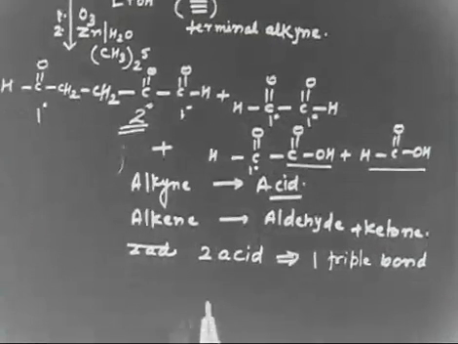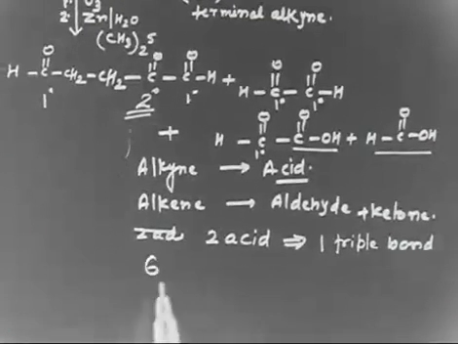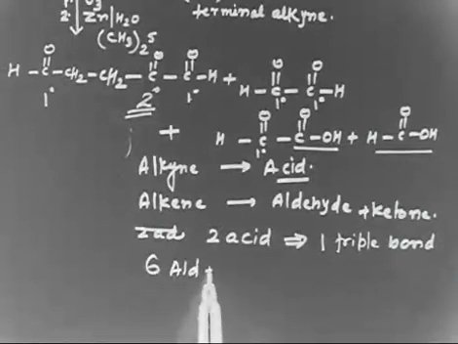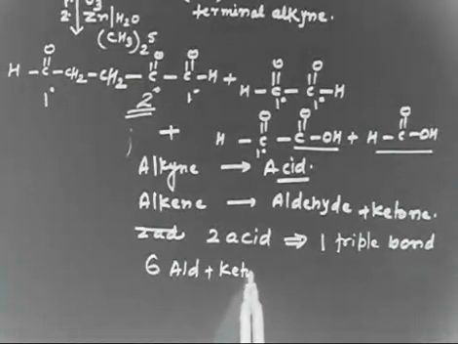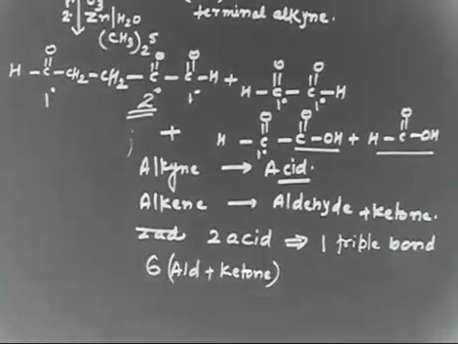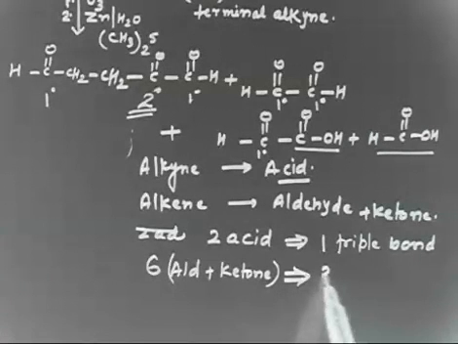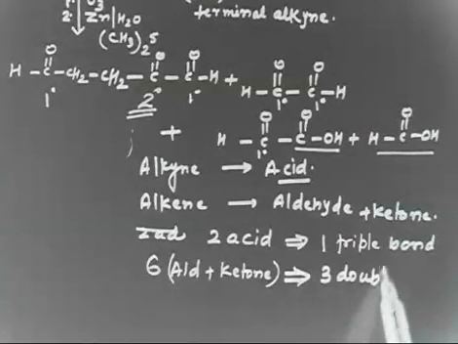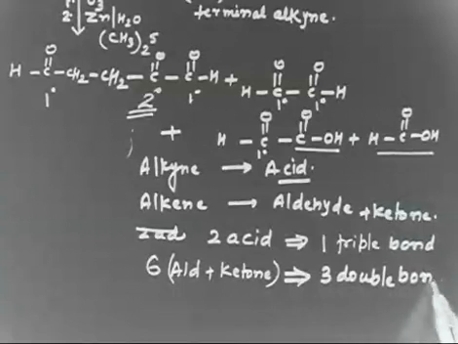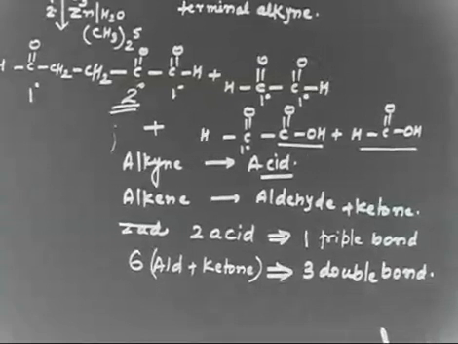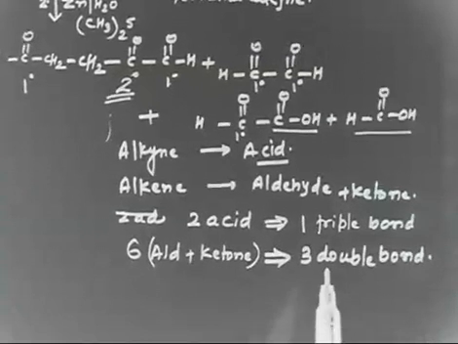So I have 6 aldehyde plus ketone total. This means I will have 3 double bonds. So please keep copying. I will have 3 double bonds, and an alkyne that is terminal.